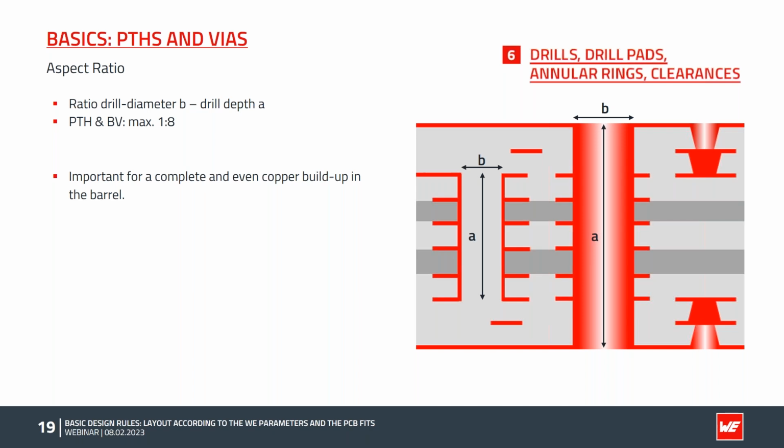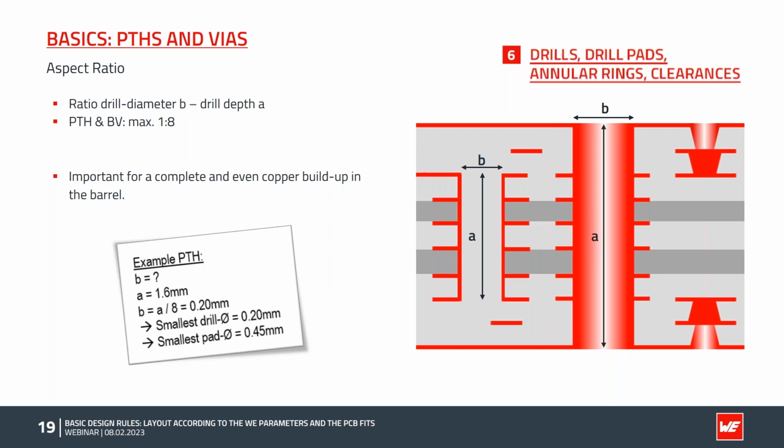And on the other hand, it's a possibility to calculate the minimum drill pad size. So here we have an example. We are asking for the drill hole and the minimum pad size, starting with a 1.6 millimeter thick PCB.